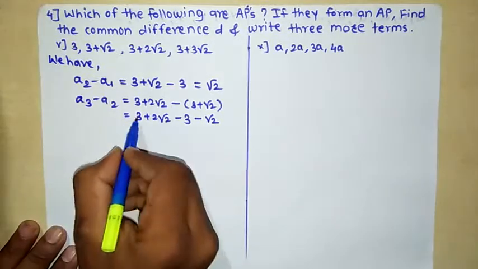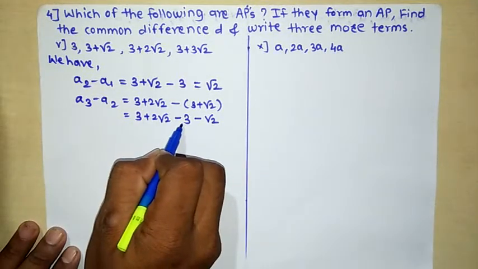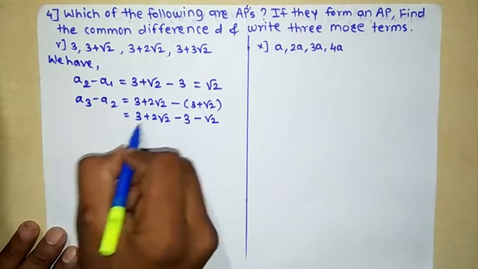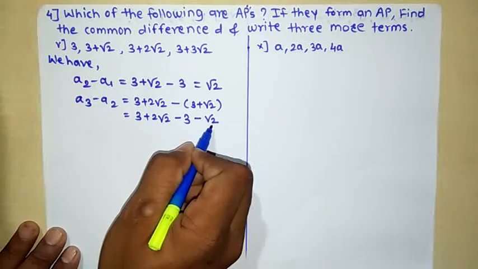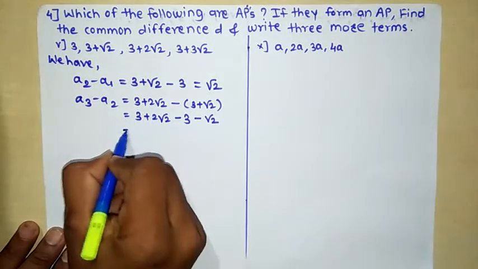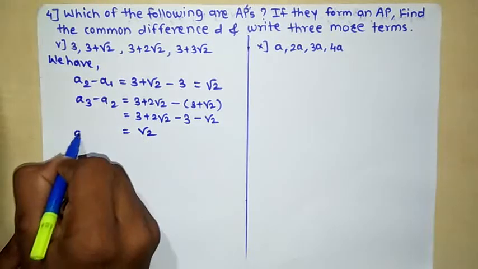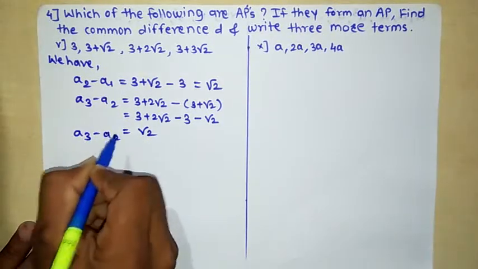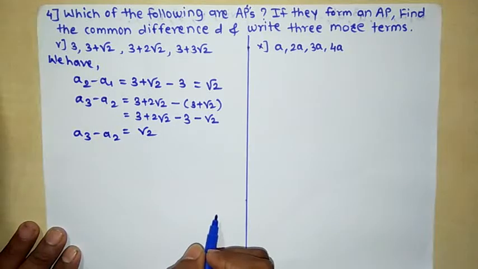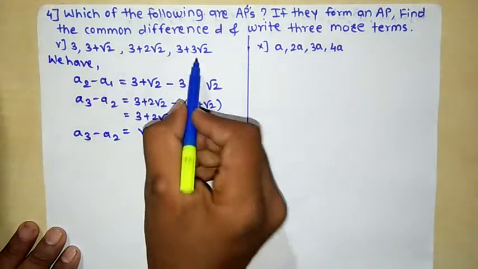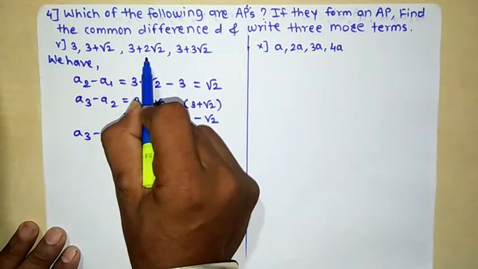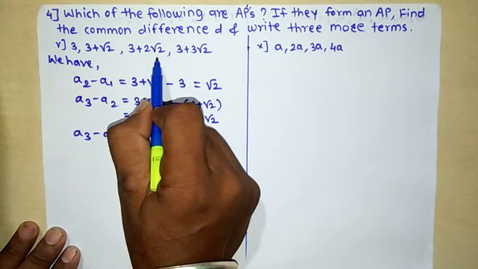Now this 3 and this 3 get cancelled. 2 root 2 minus root 2, how much? It will become single root 2. Therefore we got a3 minus a2 is also equal to root 2. And you can also check by subtracting a4 minus a3, which is also the same.